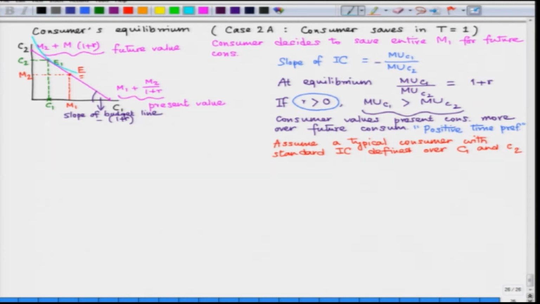So, let us assume that this is the indifference curve denoting some utility level U naught in case 2a. So, E1 gives a lender's equilibrium.